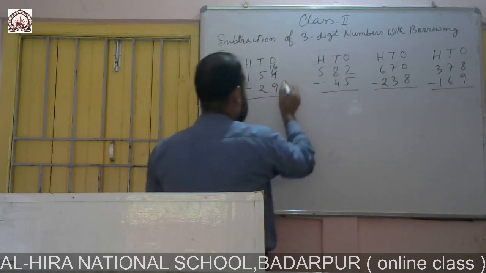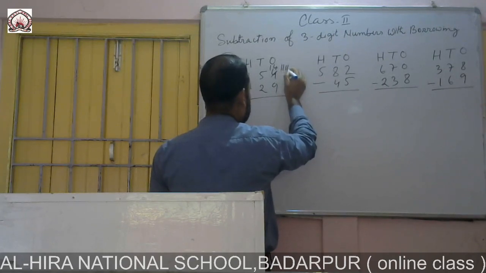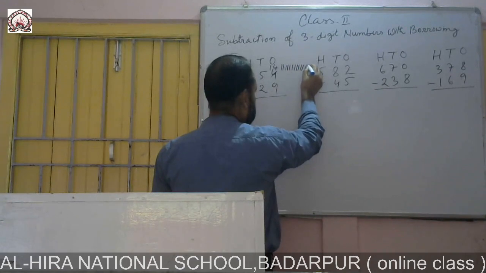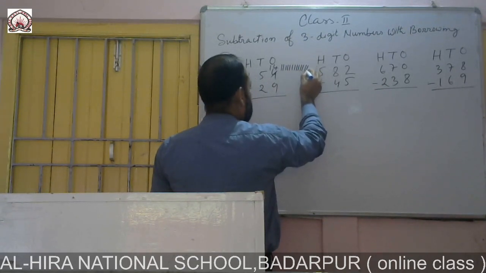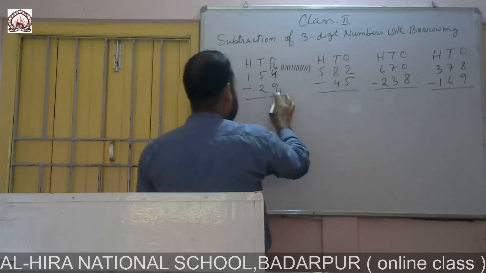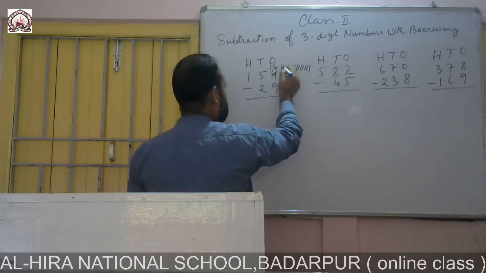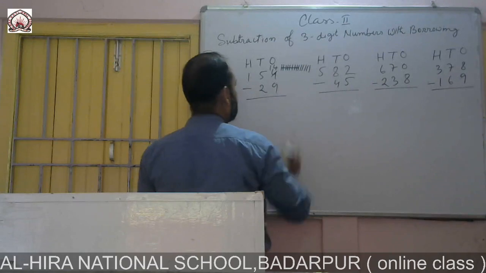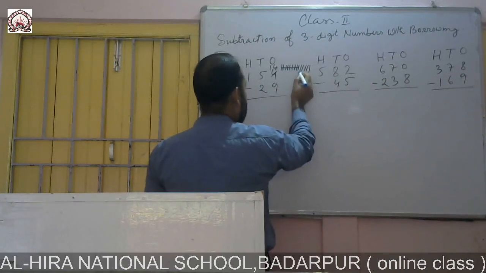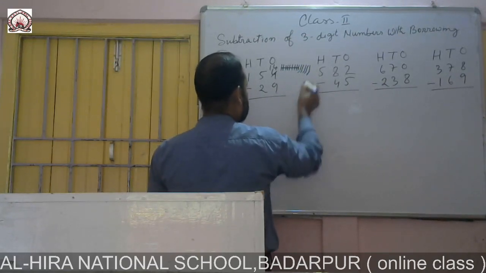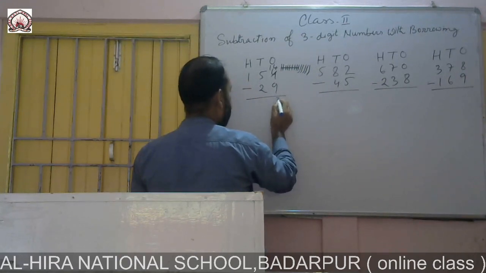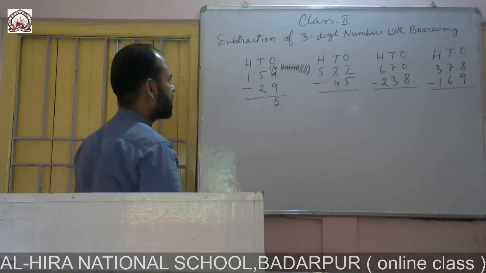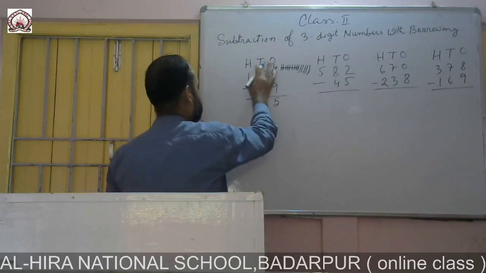For 14 we use lines: 1, 2, 3, 4, 5, 6, 7, 8, 9, 10, 11, 12, 13, 14. We cut how many lines? 9. What remains? 5. So 14 minus 9 is equal to 5.